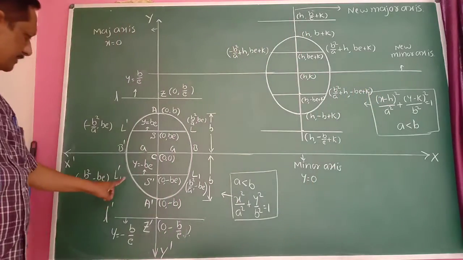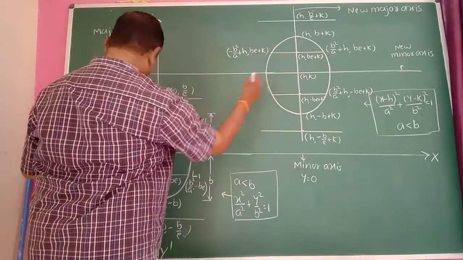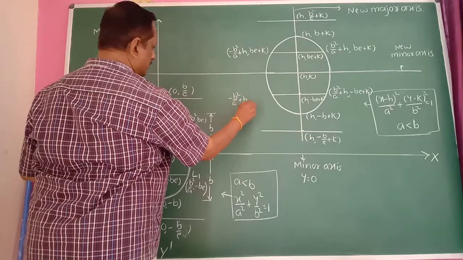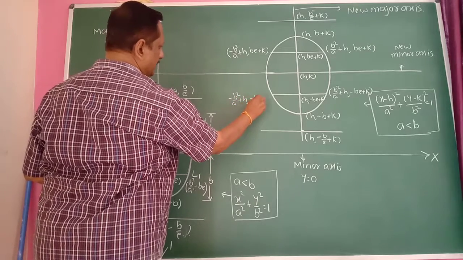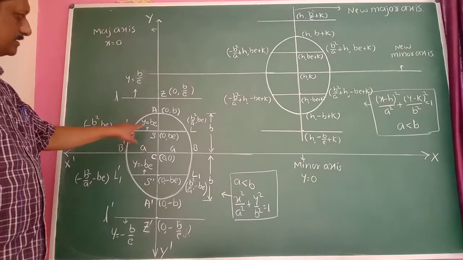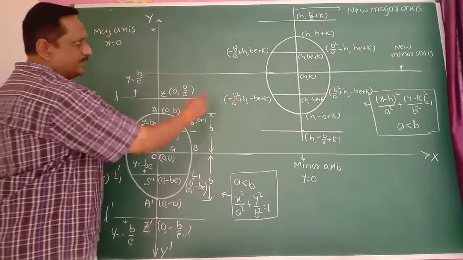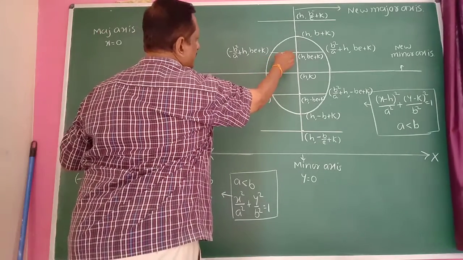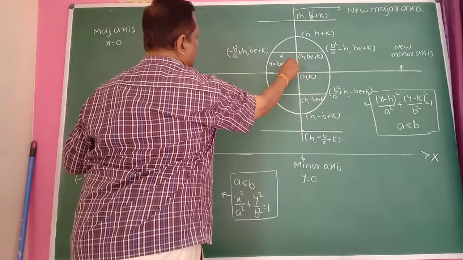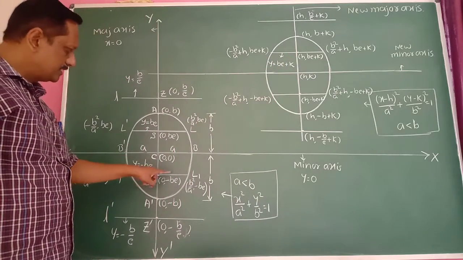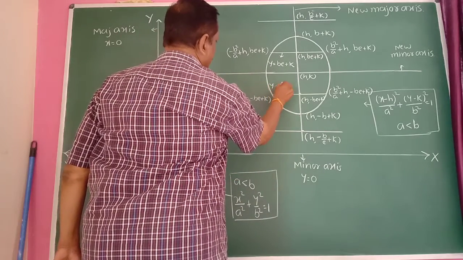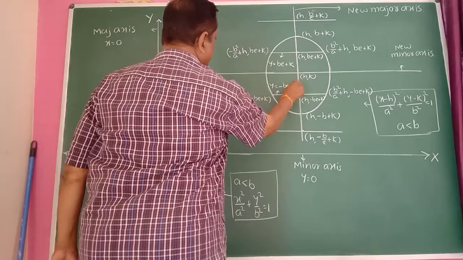Then the coordinate of this point is minus b square by a plus h comma minus be plus k. And for the equation of this latus rectum, add k: the equation of this latus rectum is y is equal to be plus k, and the equation of this latus rectum is y is equal to minus be plus k.